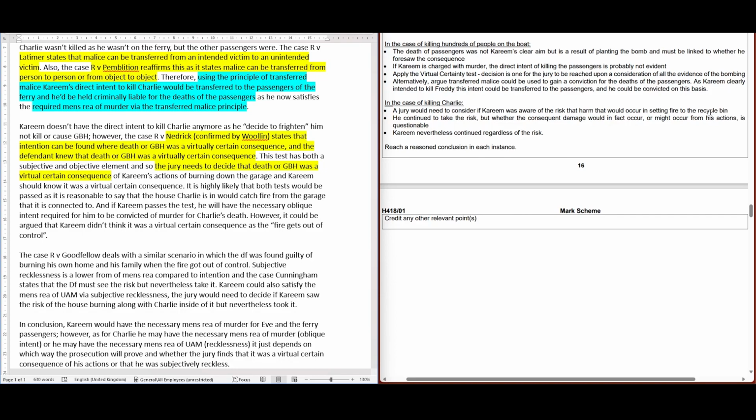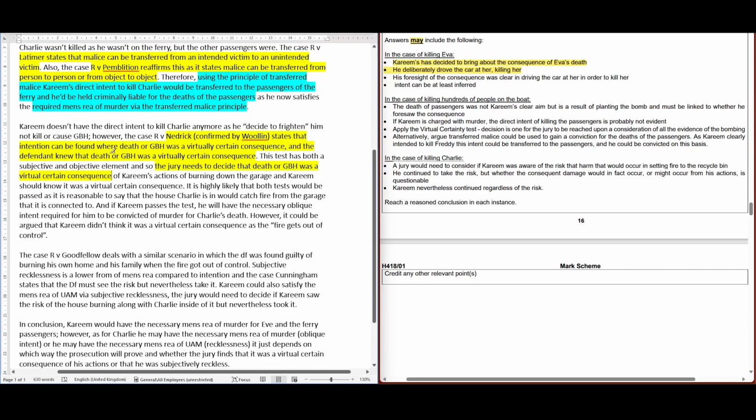So this mark scheme does seem to be a little off. Incorrect. But we can get a general idea of how the answer is supposed to look. He continued to take the risk, but whether the consequent damage would in fact occur or might occur from his actions is questionable. Kareem nevertheless continued regardless of the risk.